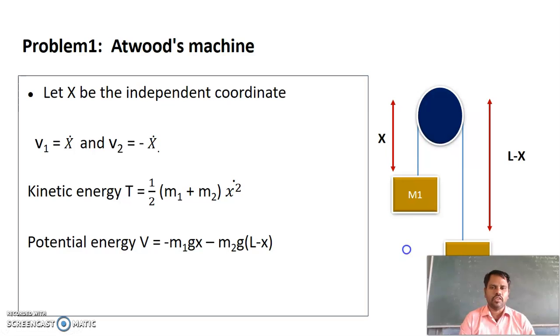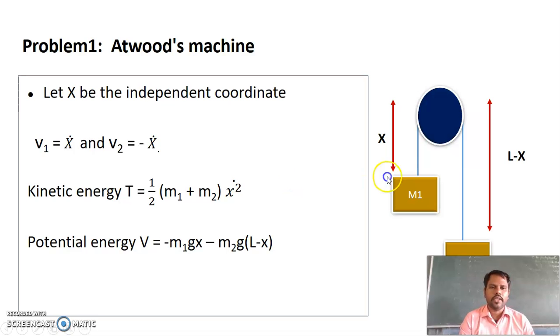Then the kinetic energy of the system, the two masses, is T equal to half of m1 plus m2 into x dot square. Now this is the kinetic energy. Now I need to know the potential energy.